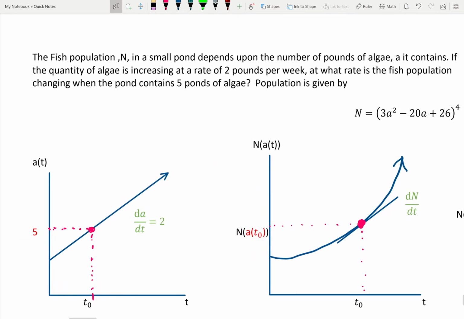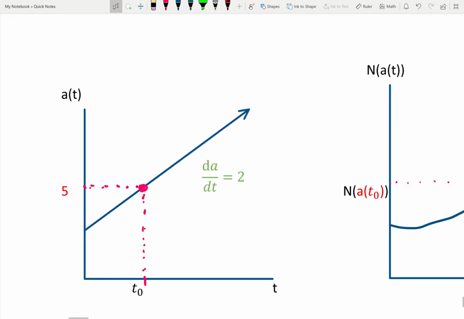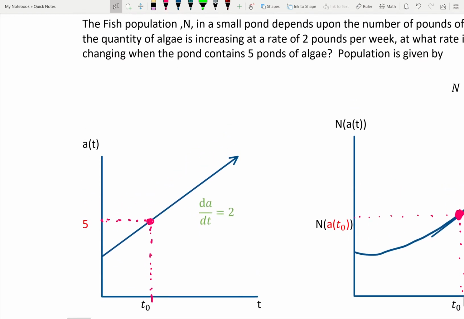So here I have created two graphs. The one on the left represents the amount of algae over time, and the one on the right is the population over time. So let's just look at the one on the left right now, okay? So what do we have? Most of this is from the given question.